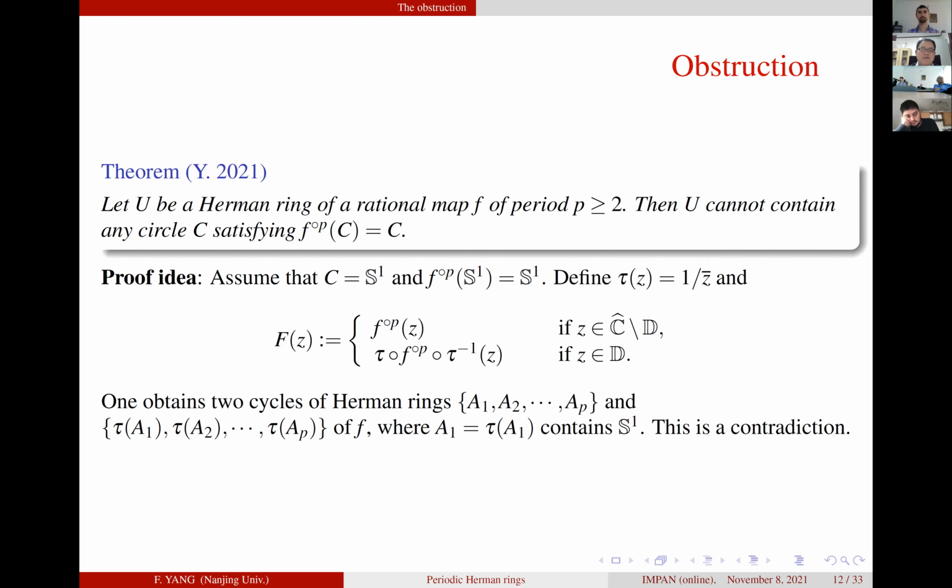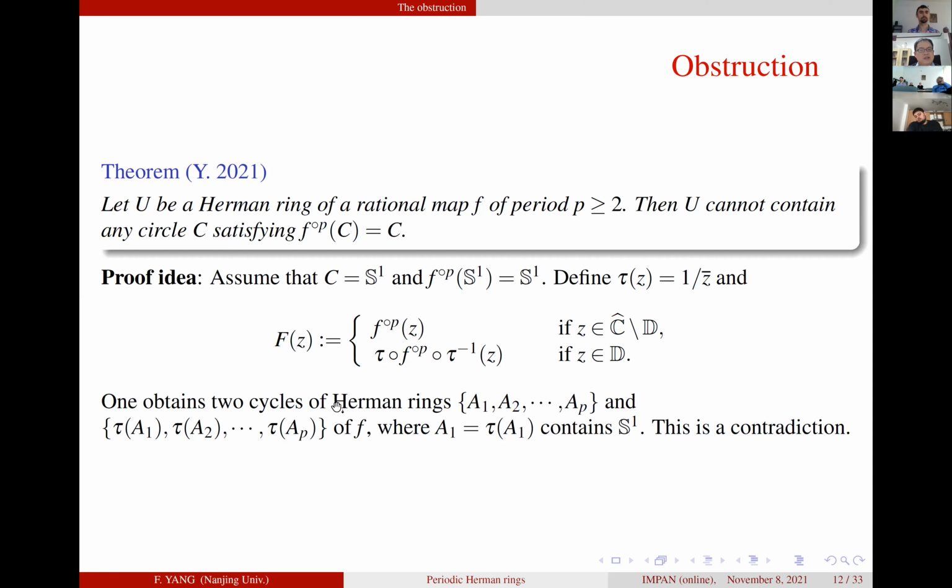But for this map, if the original small f has a cycle of Herman rings A1, A2, ..., Ap, then this big F will have two cycles of Herman rings A1, A2, ..., Ap, and tau A1, tau A2, ..., tau Ap. The tau is the inversion about the unit circle, 1 over conjugate z.